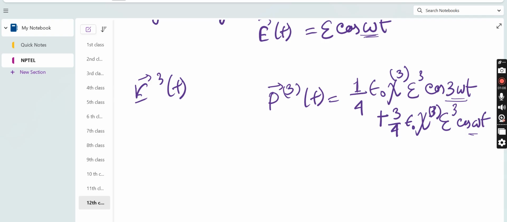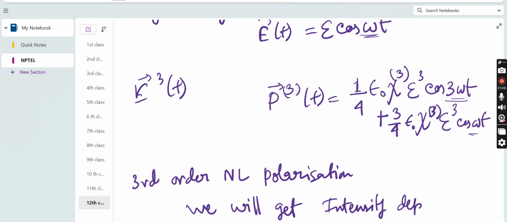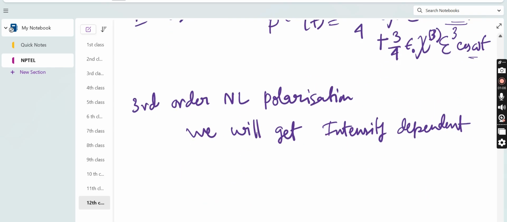And because of that third order nonlinear polarization, we will get an intensity dependent refractive index.